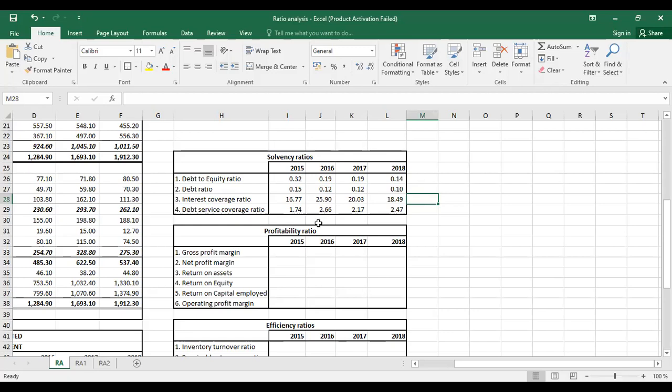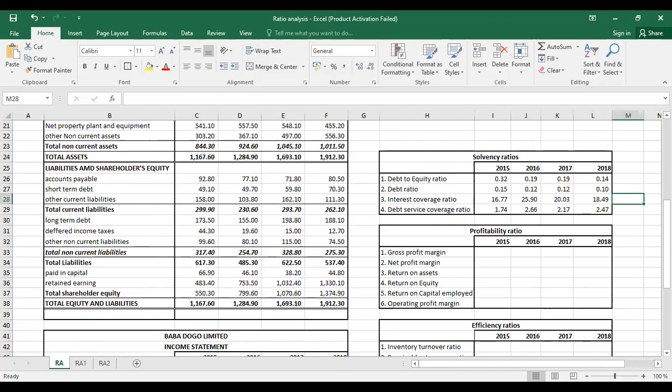Then the debt service ratio also shows the ability to pay our debt plus interest. You can see that it was down, it came up, then it went down, then it came up again. So for the comment here, we will first confirm our debt.